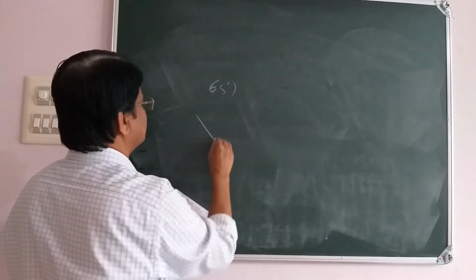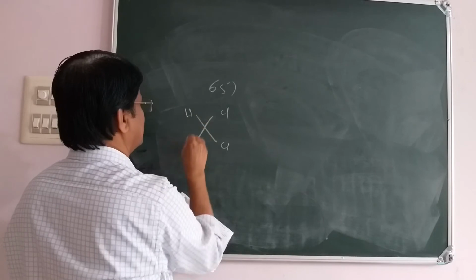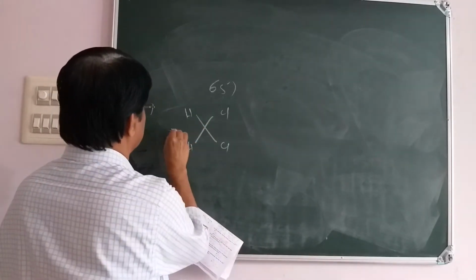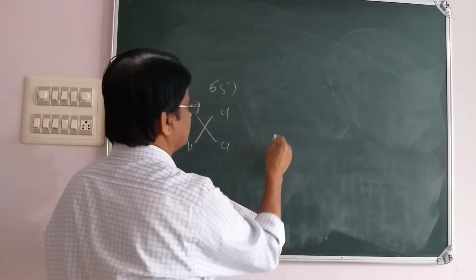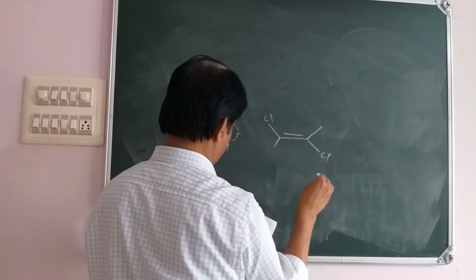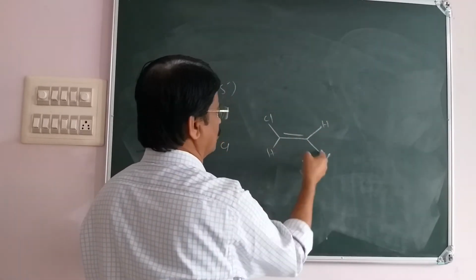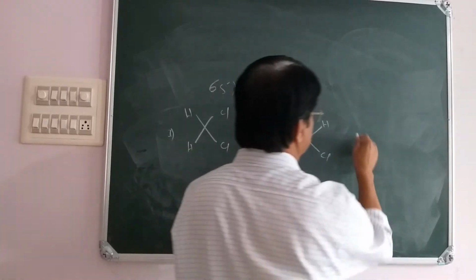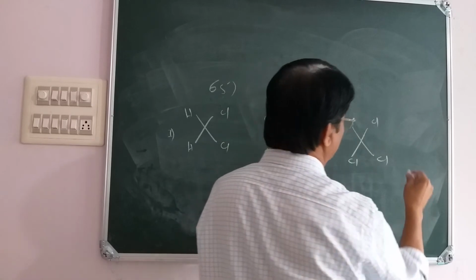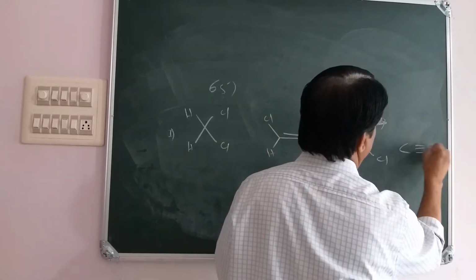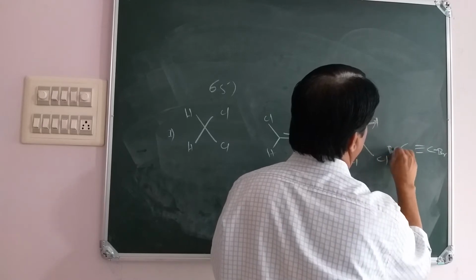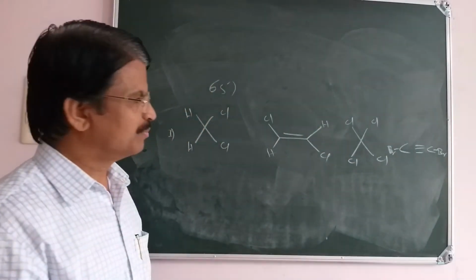Now see here, the first structure, the second structure, 1,2-dichloroethene, third structure, carbon tetrachloride, fourth structure, 1,2-dibromoethane.